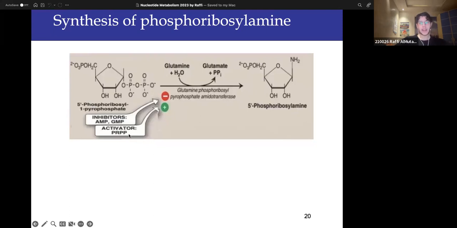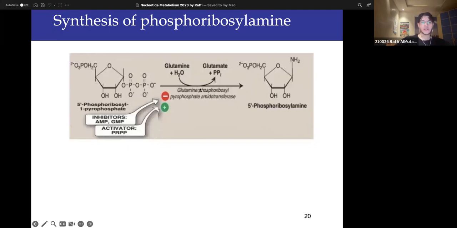So when we have PRPP, this will stimulate the reaction. And this is what we call feed-forward stimulation. And then we also have inhibitors, which are AMP and GMP. AMP and GMP are the end products, and they inhibit this reaction right here.